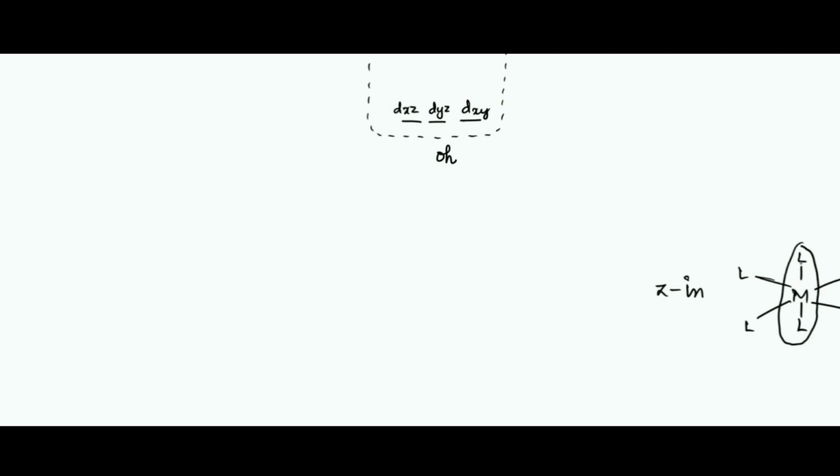So the energies of the Z components dxz and dyz increase, and the energy of dz square increases. Once the energy of the Z components increases, to balance it the energy of the XY components automatically decreases, the dx square minus y square like this.